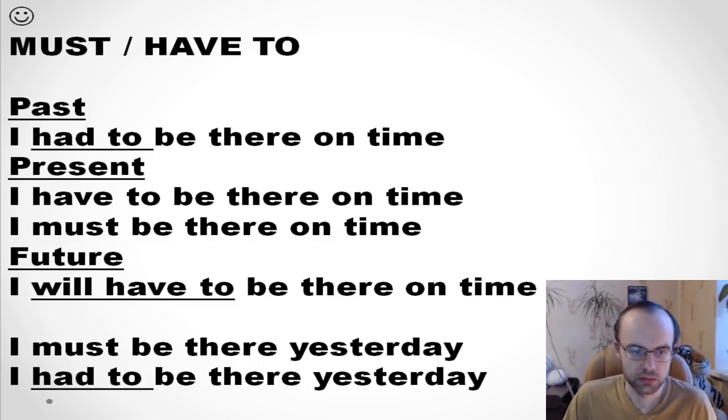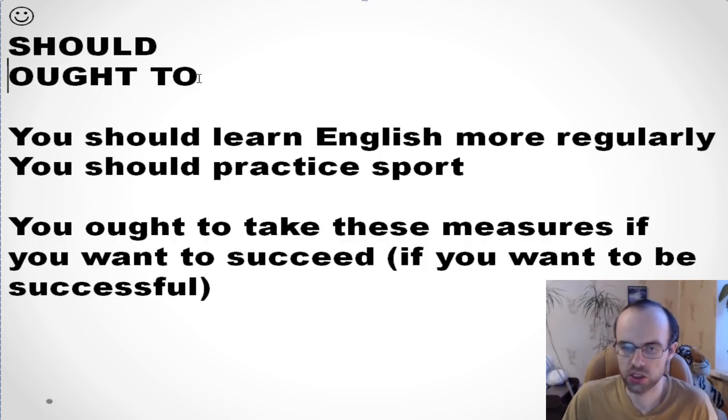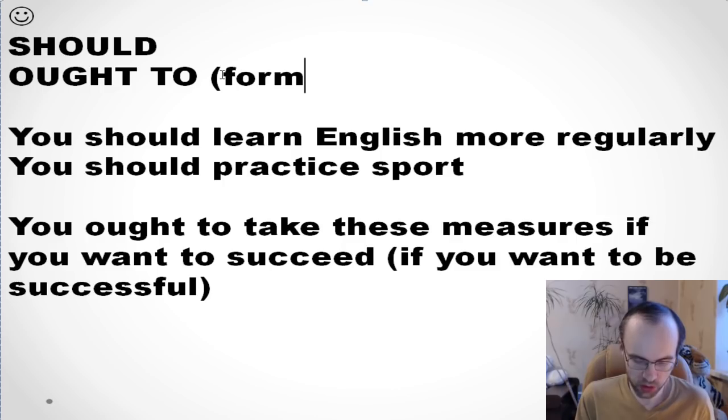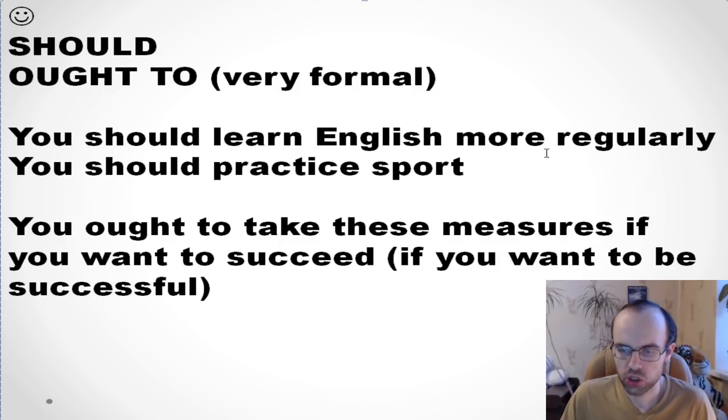Next, should or ought to. So when we give some advice, we use should or ought to. So should without to and ought with to. But you know, ought to is very formal. Okay, look. You should learn English more regularly.